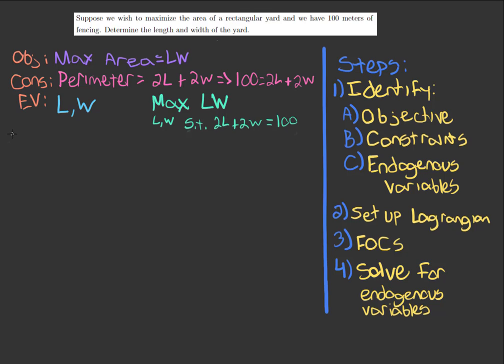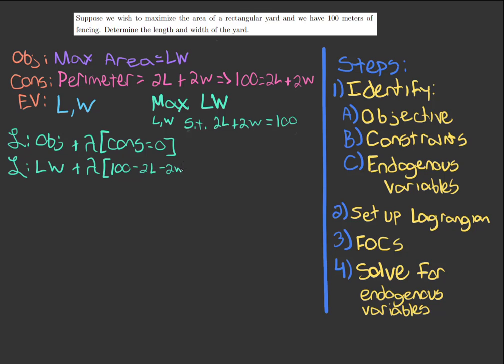The next step in solving this problem is to set up the Lagrangian, which is just going to be equal to the objective function plus a Lagrange multiplier multiplied by our constraint set equal to 0. So formally writing this out, we get that the Lagrangian is equal to length times width plus the Lagrange multiplier lambda multiplied by 100 minus 2L minus 2W.